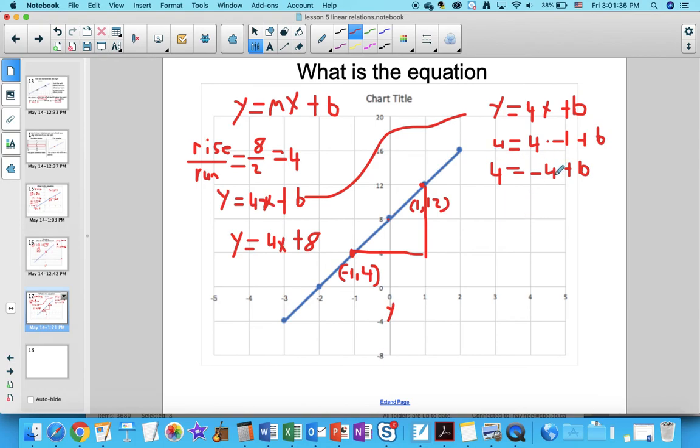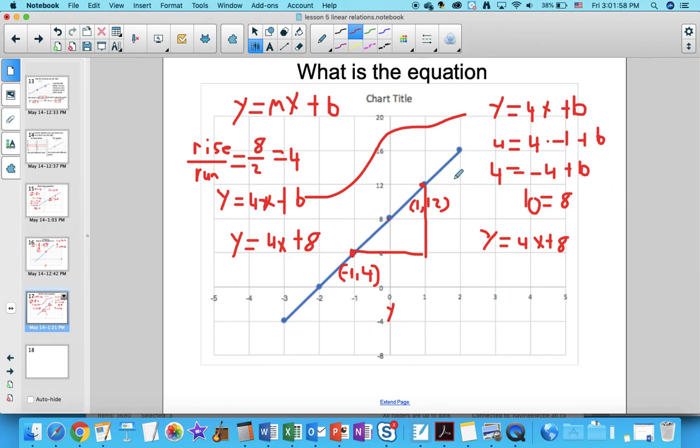Right? Well, how can I turn -4 into 4? I can add 8. So b must be 8. And again, our equation then becomes y equals 4x plus 8.